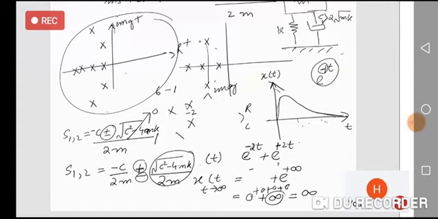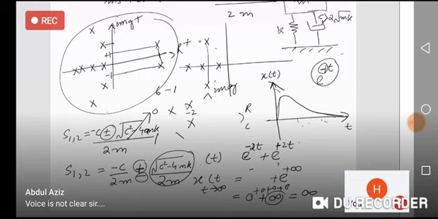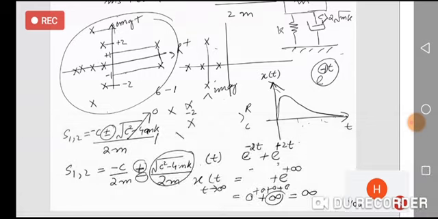That means their real value will be the same, but their imaginary value will be plus minus. So if it is plus 1, this will be minus 1. If it is plus 2, this one will be minus 2. If it is plus 4, then for this one it will be minus 4. Does this make sense?